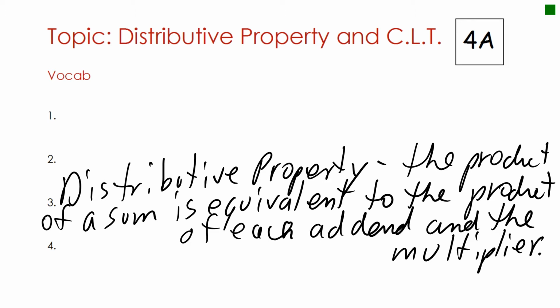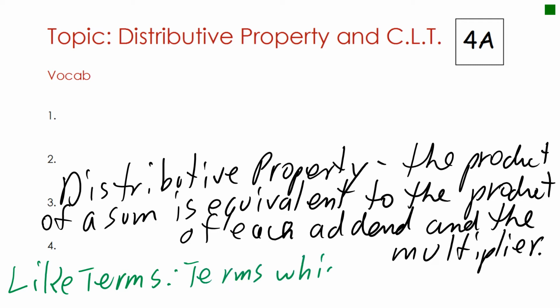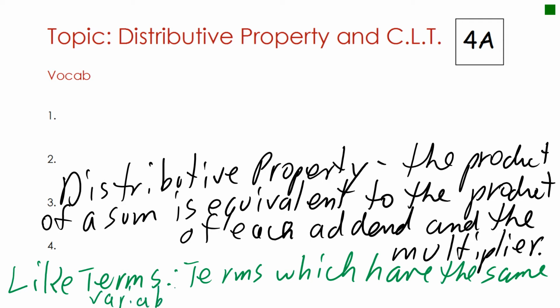Product means multiply. You can pause it to write that down. And lastly, like terms are terms which have the same variables with the same exponents.